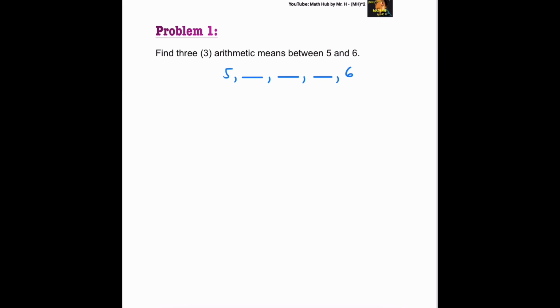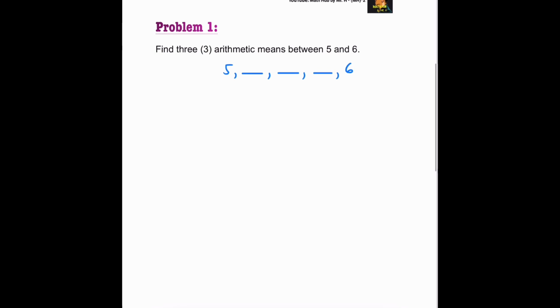And basically from here, we're going to be applying the concept of arithmetic sequence. By doing that, we need to recall the formula we need to use. So it is a sub n equals a sub 1 plus n minus 1 times d.